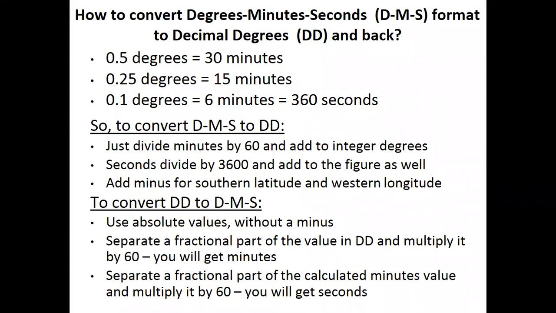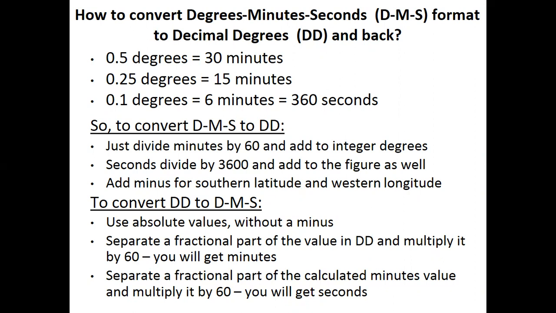So of course, it is very easy to convert the values for latitude and longitude from degrees, minutes, and seconds to decimal degrees and back. You just have to remember that half a degree is 30 minutes, a quarter of a degree is 15 minutes, and 0.1 degree is 6 minutes, or 360 seconds. So this is quite easy to calculate.